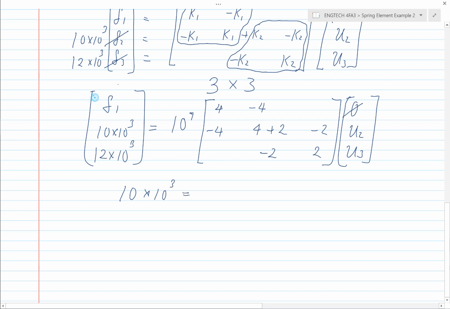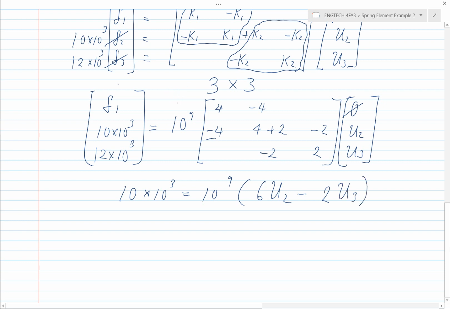Let's work on the second equation first. 10 to the 9, and then 0 times -4 is nothing, and U2 times 4 plus 2 is 6U2 minus 2U3.